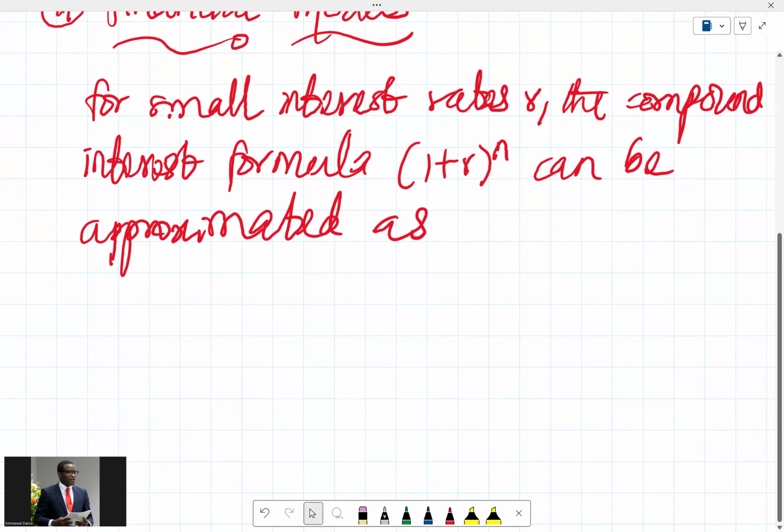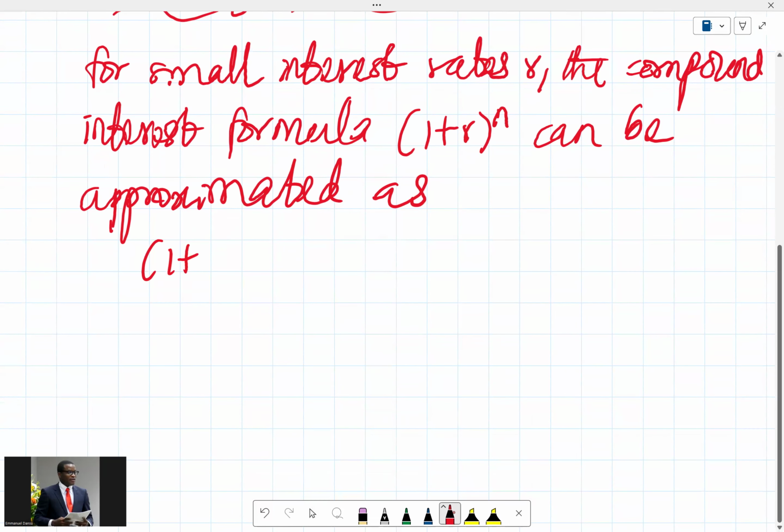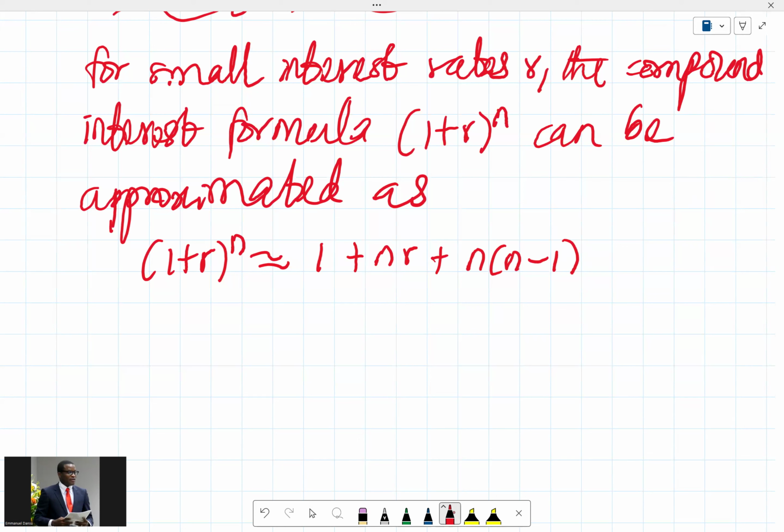We can use the binomial formula, the general formula for fractional powers or negative powers, and that is just going to end up being something like 1 plus nr, plus n into n minus 1 all over 2 r squared.